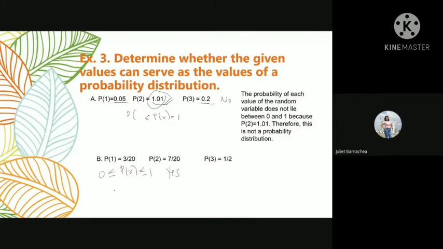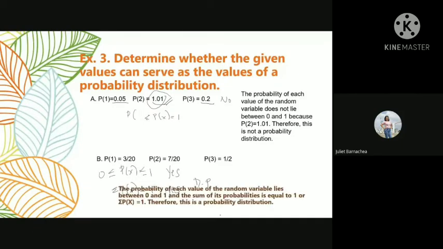Second condition is the summation of P of X equals 1. Second, yes. Yes, this is also equal to 1. Therefore, this is a discrete probability distribution.